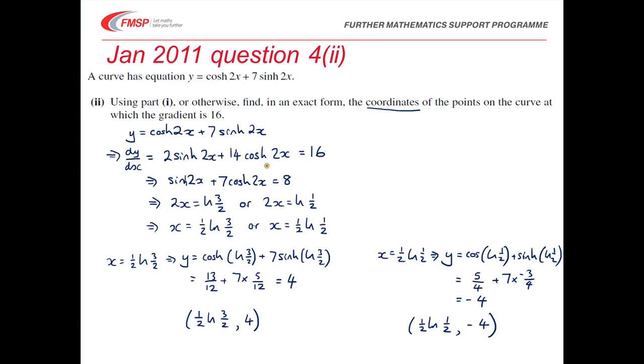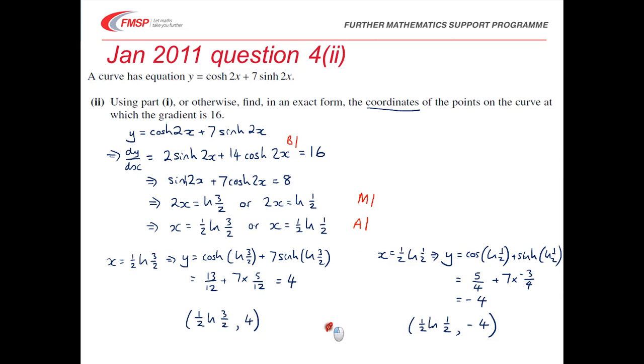For part 2, there's a single mark for correctly doing the differentiation. There's then a method mark for a complete method to obtain an x value, and an accuracy mark for getting both x coordinates in any exact form.